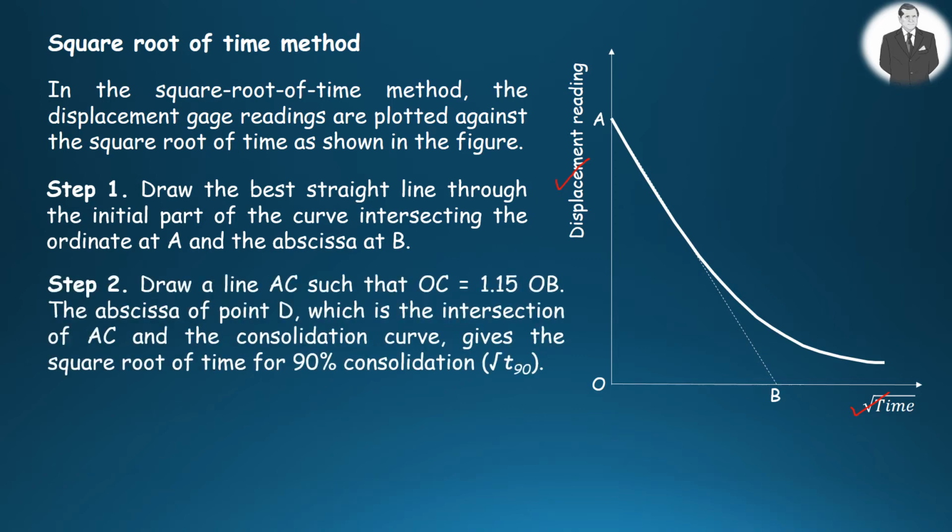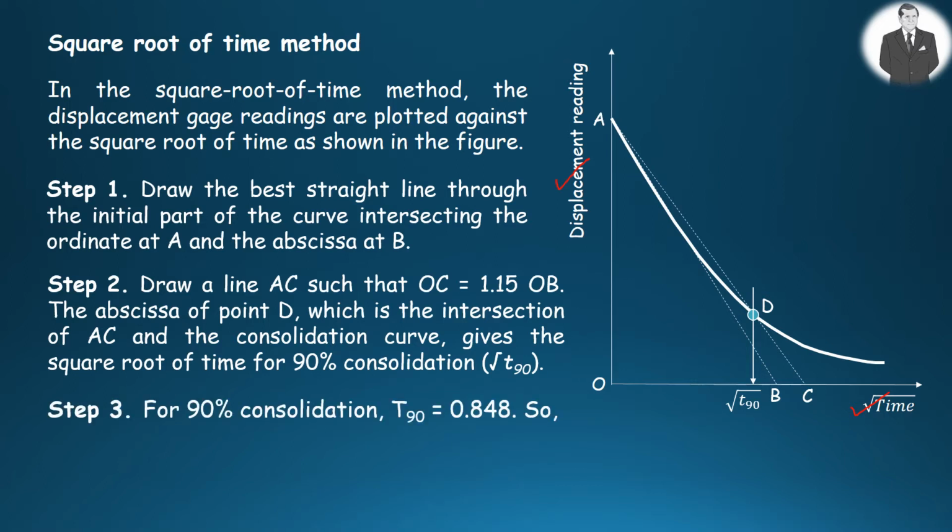The second step is to draw a line AC such that OC is equal to 1.15 times OB. The abscissa of point D, which is the intersection of AC and the consolidation curve, gives the square root of time for 90% consolidation.